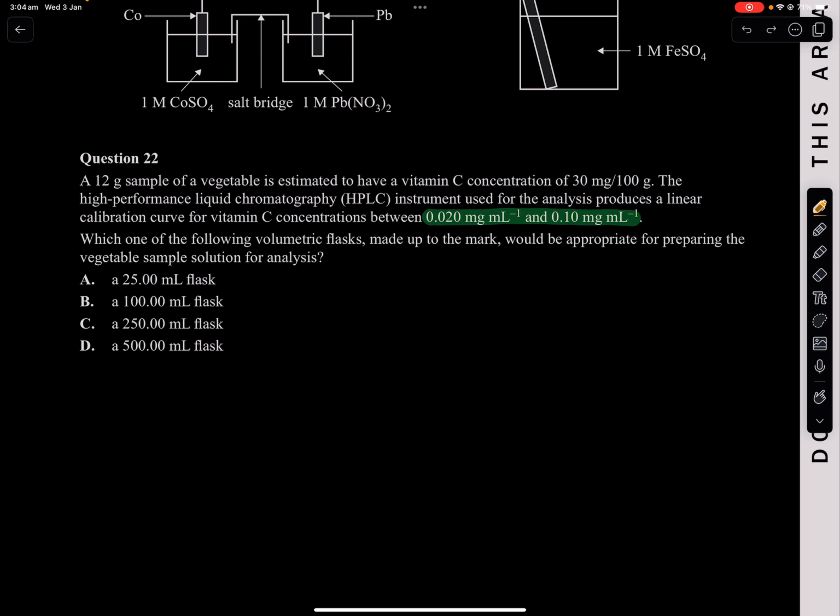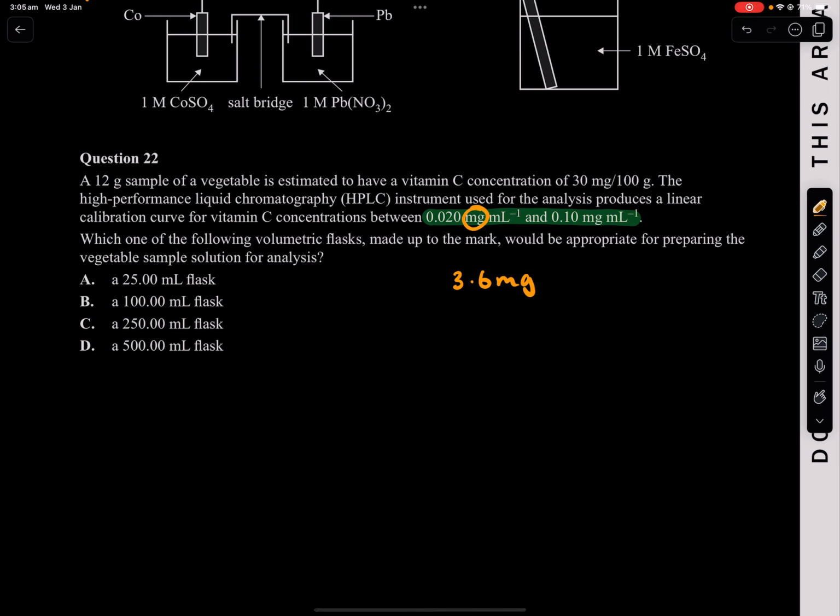If there is 30 milligrams for every 100 grams, and in this case we have 12 grams, you just multiply 30 over 100 times 12, and that gives me 3.6. So the expected amount of vitamin C in that 12-gram sample is 3.6 milligrams, okay?